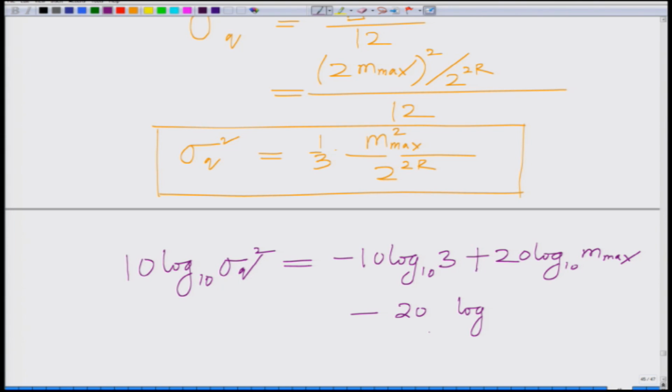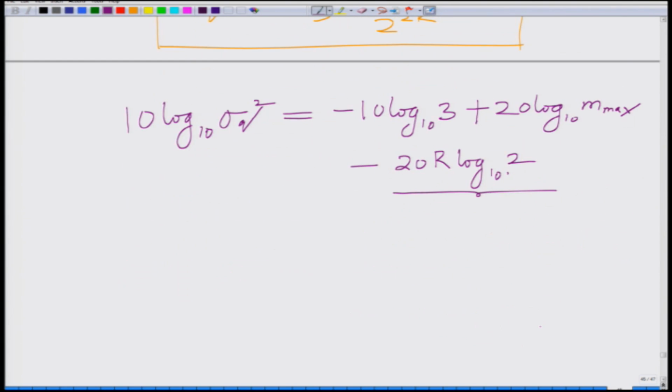So, sigma square equals minus 20 r log 10 to the base 2. Now, log 10 to the base 2, we know this is approximately 3.